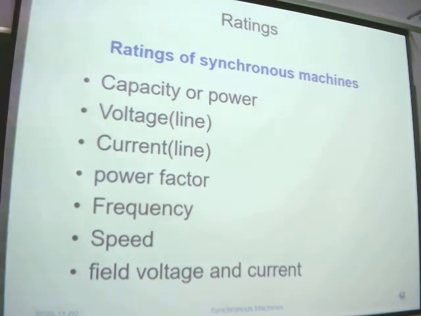We'll introduce the ratings of the synchronous generator or synchronous motor. The ratings are easy. Just the power, the voltage, the current, the power factor, frequency, speed, and field voltage. Just these items.